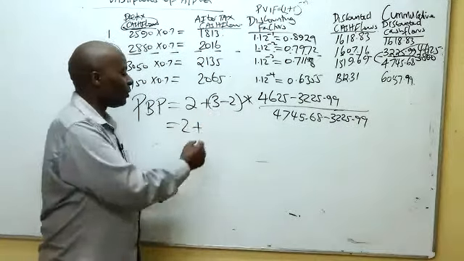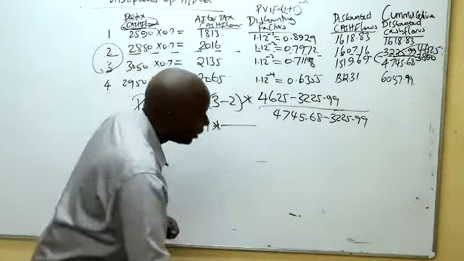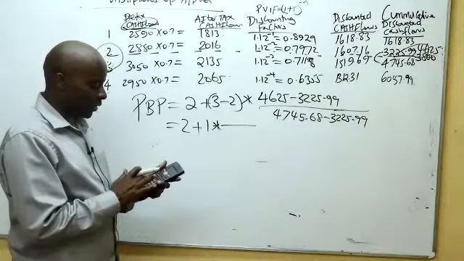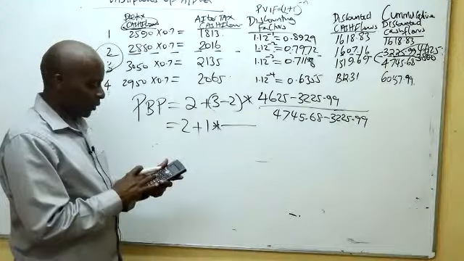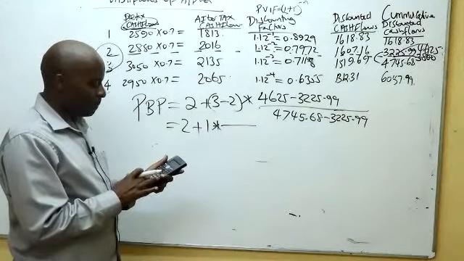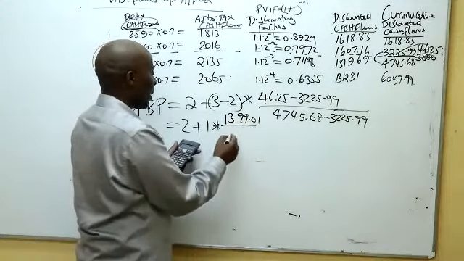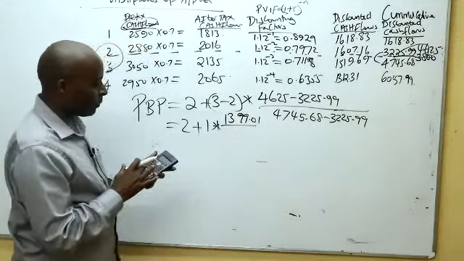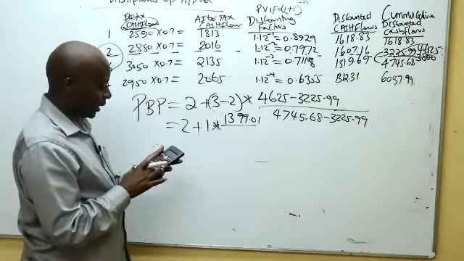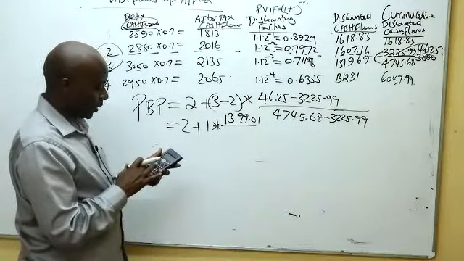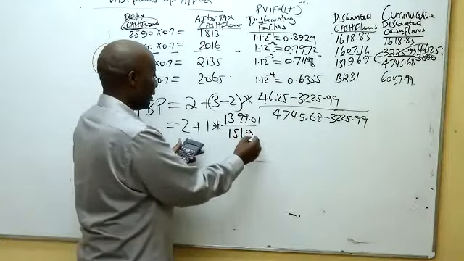3 minus 2 gives me 1, times the upper limit. Upper limit, what do we have? We have 4625 minus 3225.99, which gives me 1399.01, all over 4745.68 minus 3225.99, which gives me 19.69.